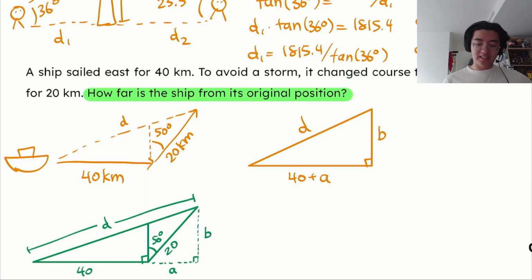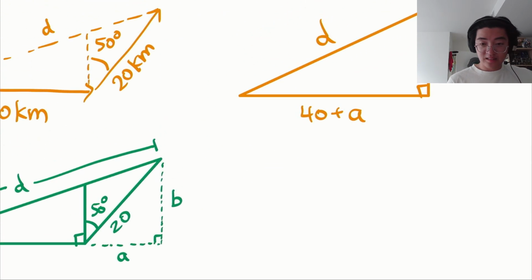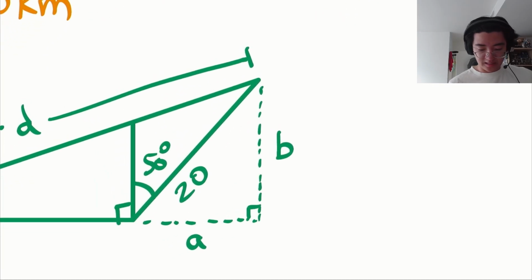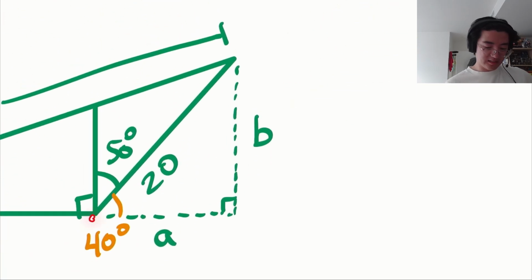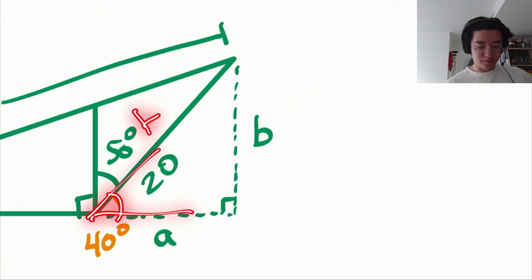Let's find out what b and a are. As you can see here, if this angle here is 50, then this angle here is just 90 minus 50. So this angle here is 40. And from there we have everything we need. From this angle, this 20 is the hypotenuse, b is the opposite, a is the adjacent.